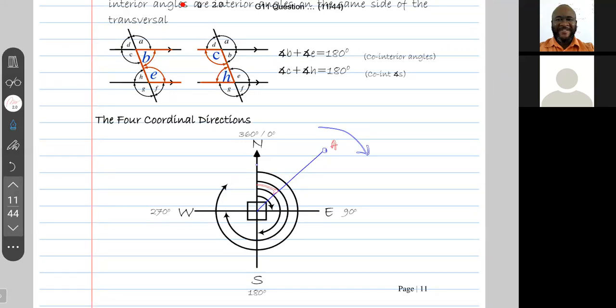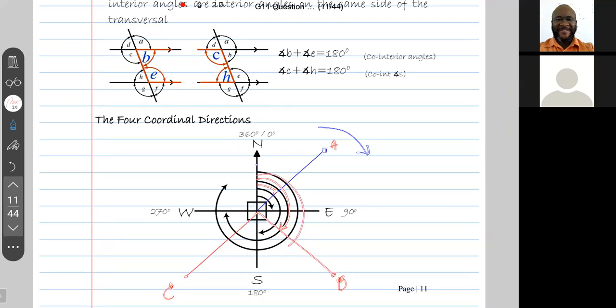Let us say A. The angle is measured clockwise from north. If this is the point B, the bearing is measured clockwise from north. This angle here would be more than 90 but less than 360. Let's say a point in this direction, C. The bearing is measured clockwise from north.